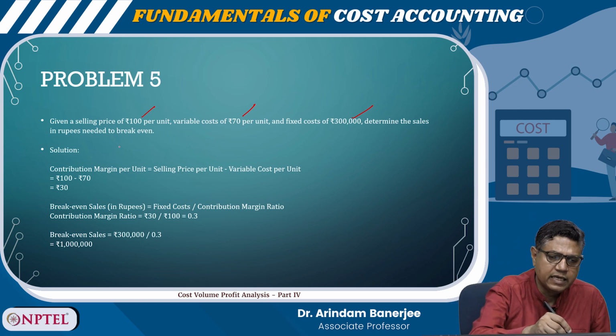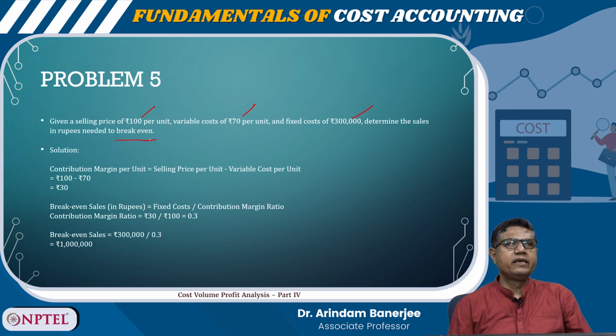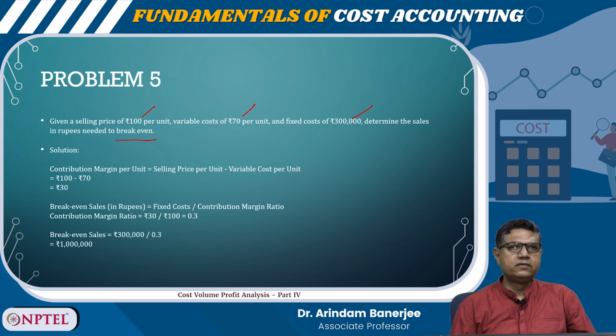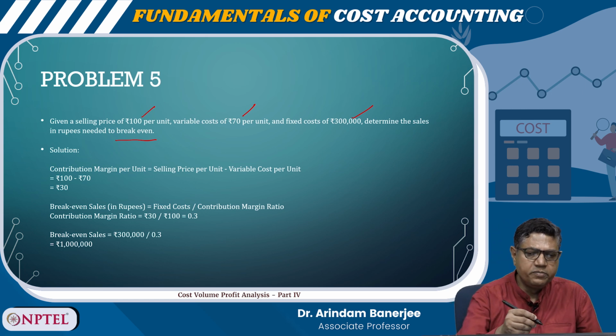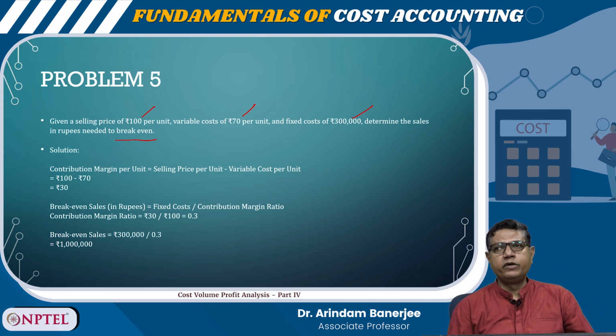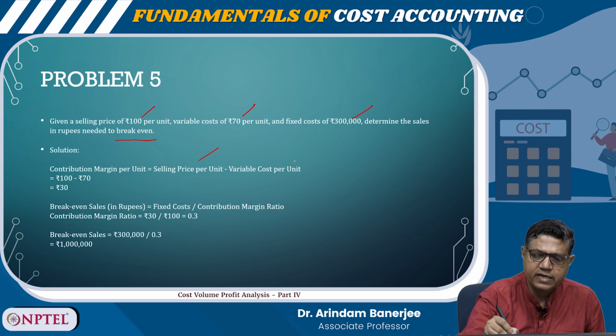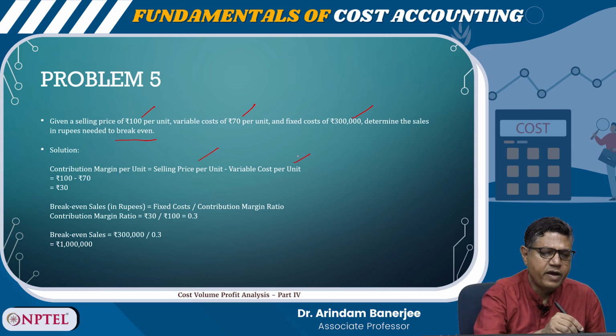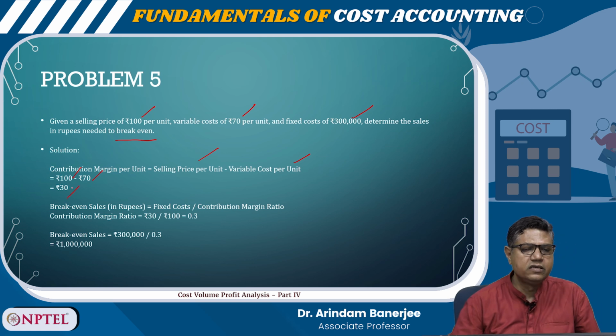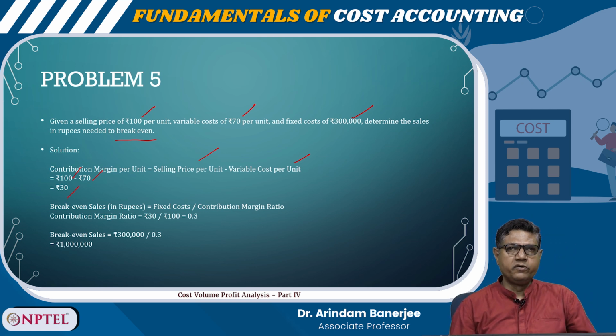So, basically it is asking for the break even sales. So, here is the solution. Contribution margin per unit, you know, can be calculated by deducting the variable cost from the sales price. So, selling price per unit minus variable cost per unit. So, 100 is my selling price, 70 is my variable cost. So, I got the contribution margin per unit.